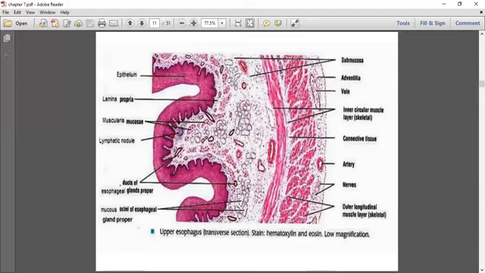This section was taken from the upper third, thus the type of muscular tissue is striated skeletal muscle.